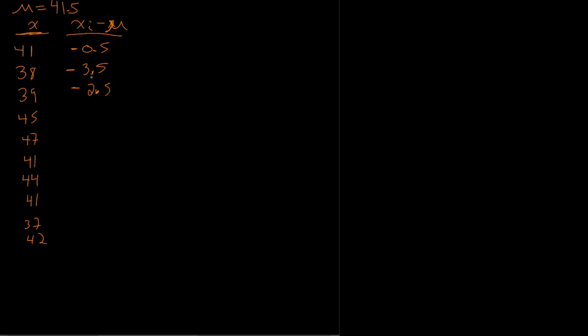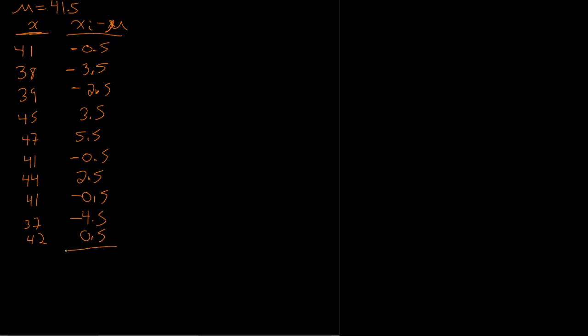Notice there's positive and negative directions. Our data is falling on either side of the mean, giving positive and negative values. So 47 minus 41.5, repeating. And 37 is negative 4.5 and 0.5.